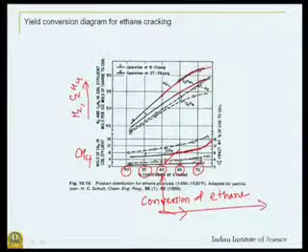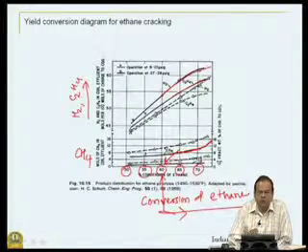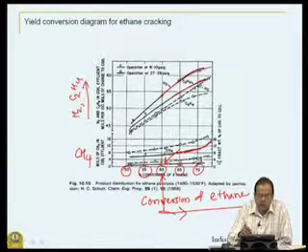So, you have to stop this reaction at 60% conversion, even though you have the possibility of converting 100% of the ethane. Now, remember this is a multiple reaction, so 100% conversion of ethane does not mean an equivalent amount of ethylene being formed.